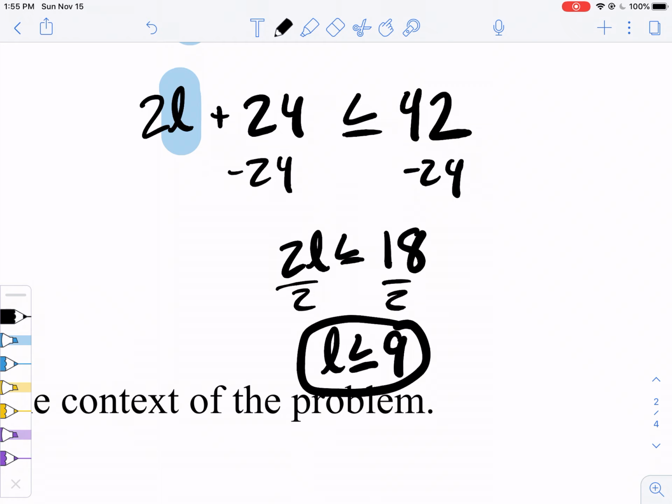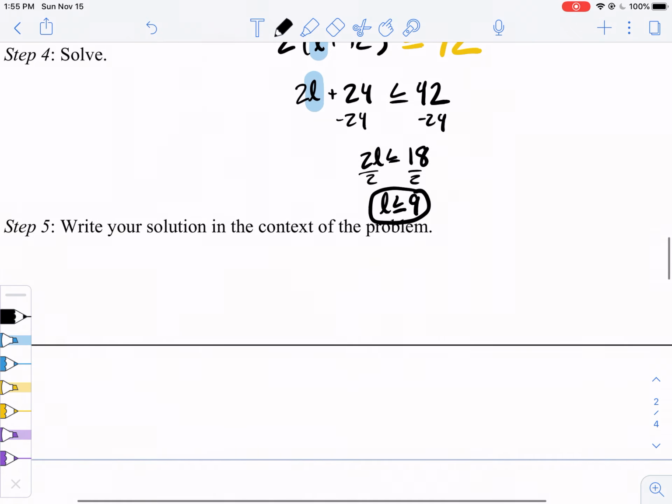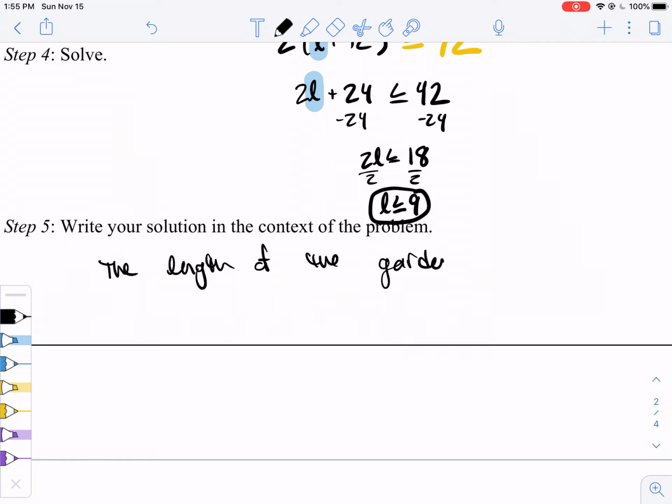So what does that mean? That means that the length of the garden, sorry, this is just taking a long time, the length of the garden must be 9 feet or less. That says less.